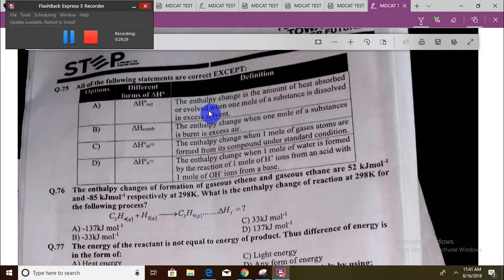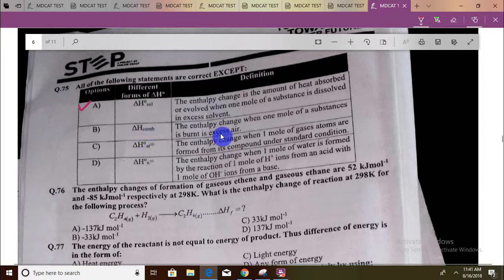In the book, they've given for sodium carbonate, which is plus 25, and for ammonium chloride, which is negative 16.2. So this is correct.